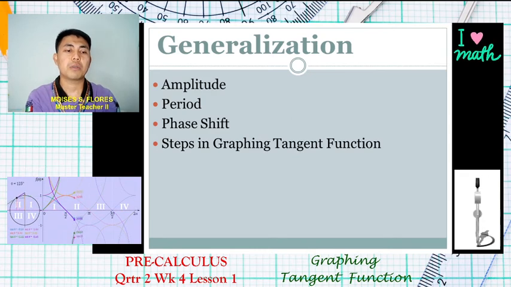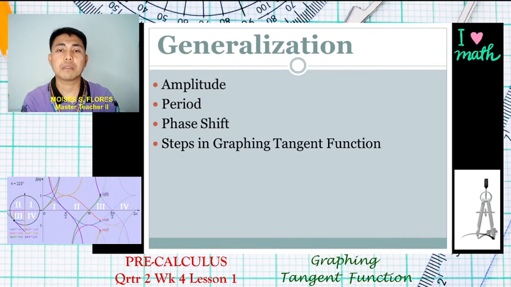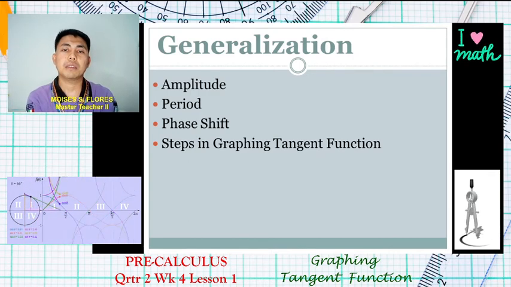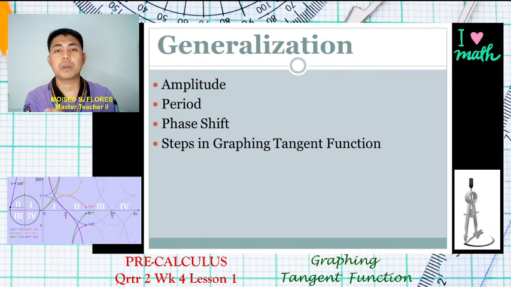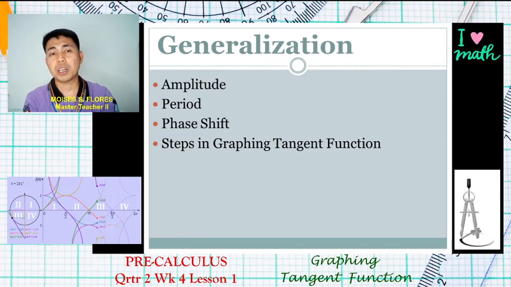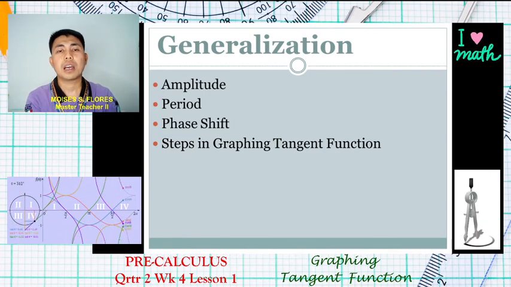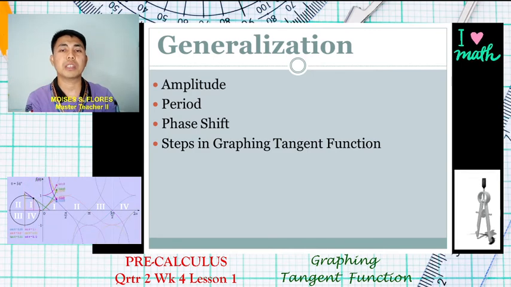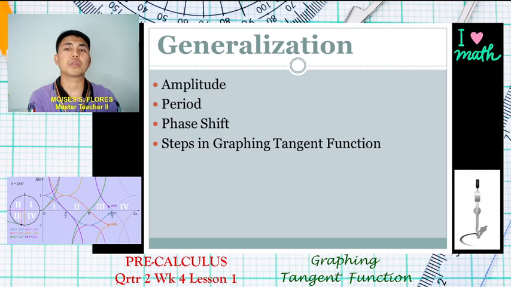And of course in our steps in graphing tangent function, always remember to identify the values of a, b, c, and d, with our formula for the period, and then afterwards divide it into two equal parts, considering the other coordinates or endpoints, and then considering our amplitude.